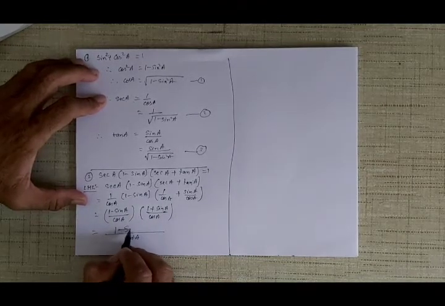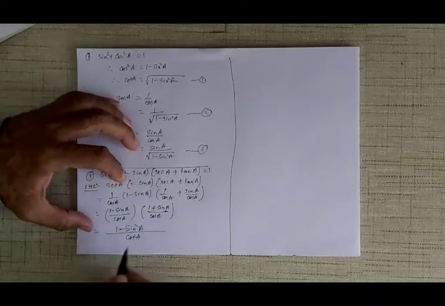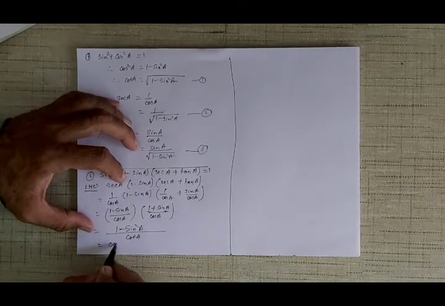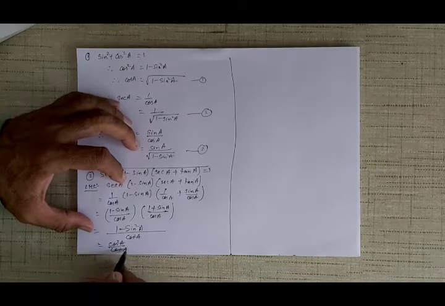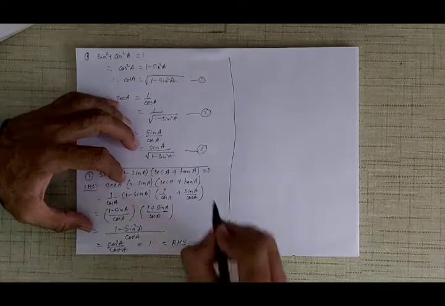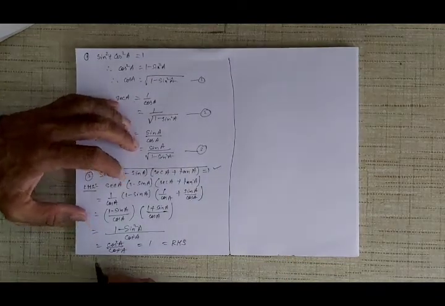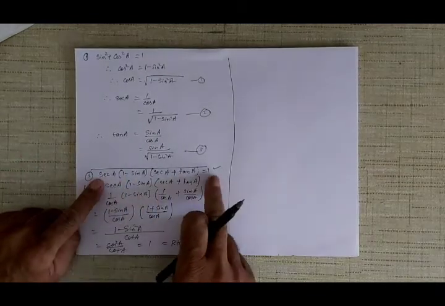So 1 minus sine square A. But 1 minus sine square A is what? Cos square A. This is cos square A upon cos square A, and that is equal to 1, and that is equal to RHS. What is RHS? RHS is 1.